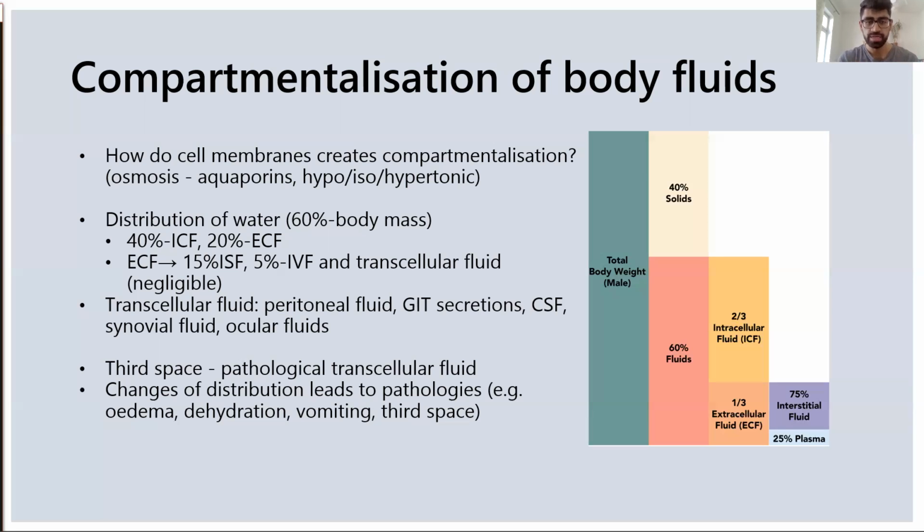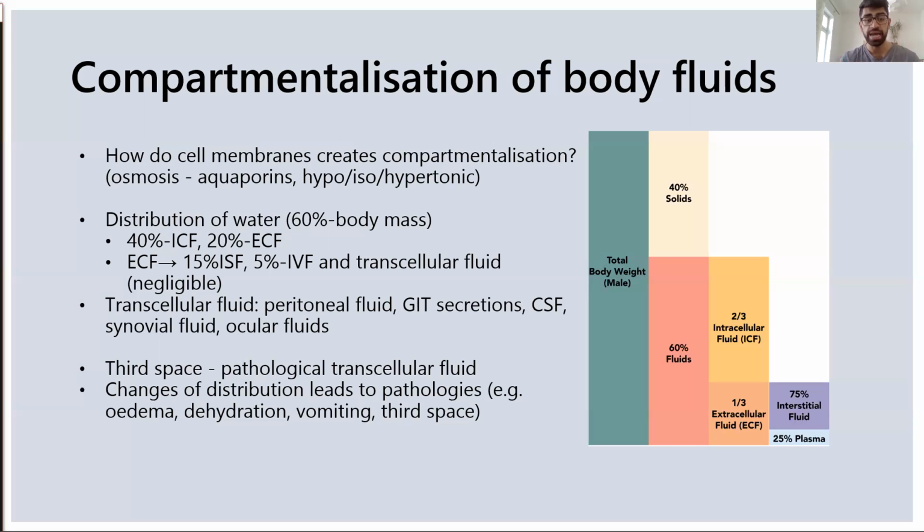From that 1/3, 3/4 is interstitial fluid between the actual cells themselves in the tissue, and 25% of the extracellular fluid is intravascular, intravasal, so plasma, essentially. This is basically a good overview of where the liquids are stored, and it's very important to remember these numbers and these ratios.